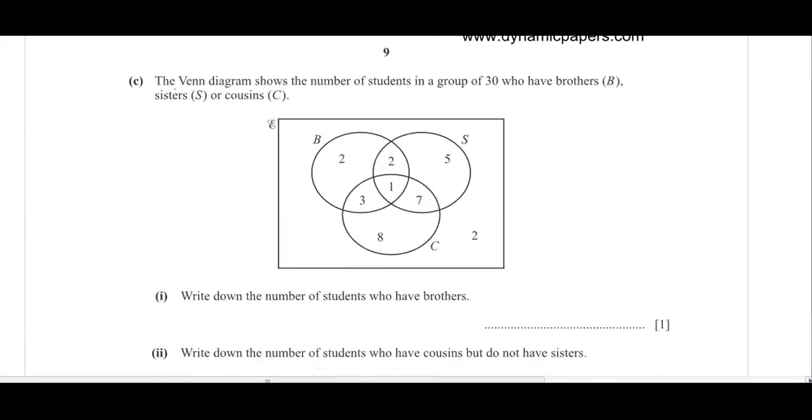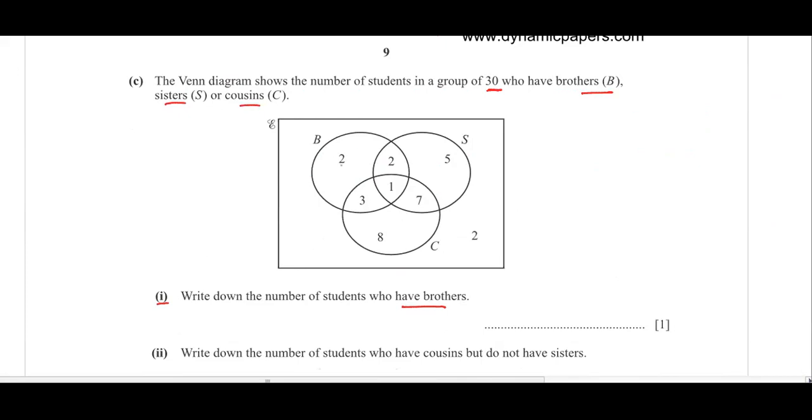Here we have a Venn diagram that shows the number of students in a group of 30 who have brothers, sisters, or cousins. B stands for brothers, S for sisters, C for cousins, and the distribution is shown there. Write down the number of students who have brothers.